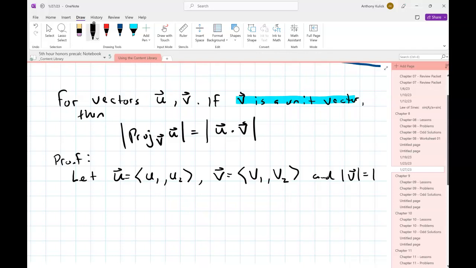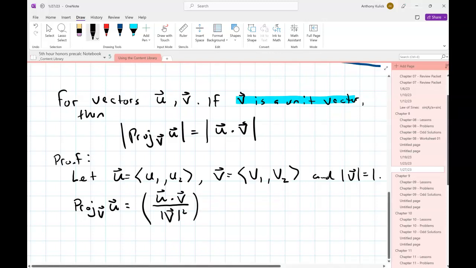So we'll just start off by declaring we have two vectors u and v, where one of them's a unit vector. I know the formula for the projection of u onto v is, you remember? It's the dot product of u and v over the magnitude of v squared times vector v.